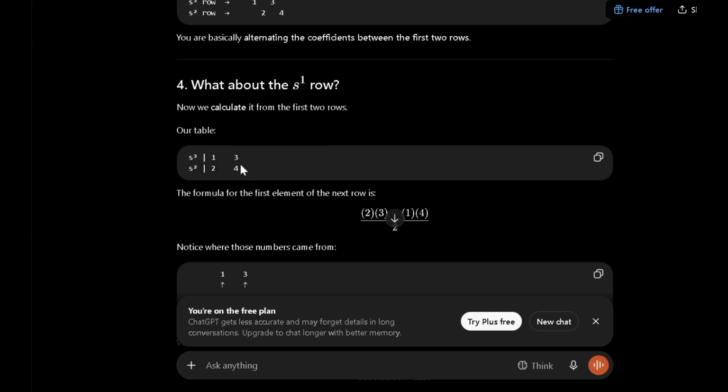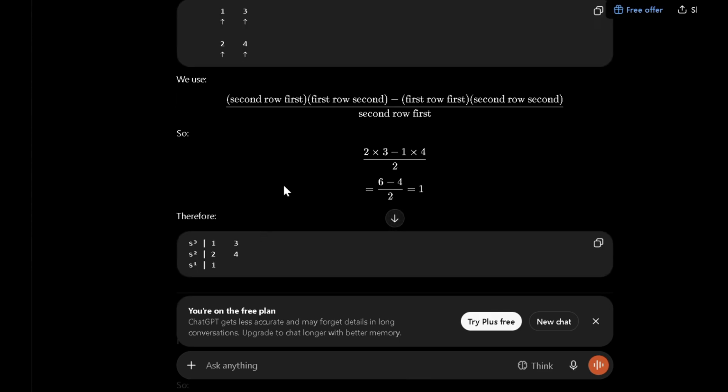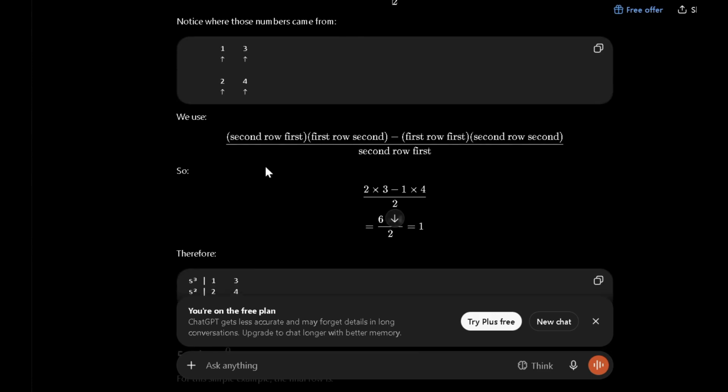That's the formula. So first we do second row first, first 2, 3, then only 1. Not like cross multiplication. Here 2 into 3, 4 into 1.